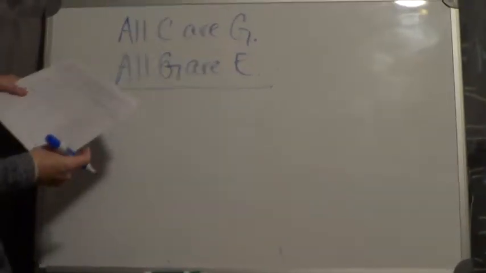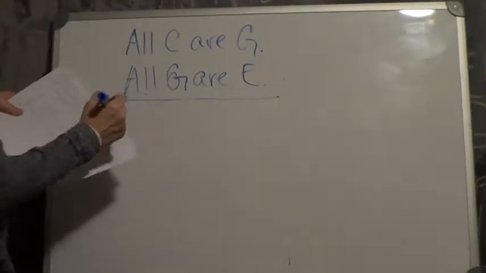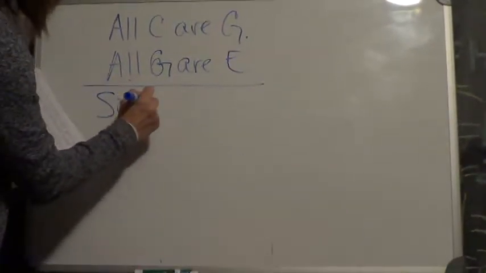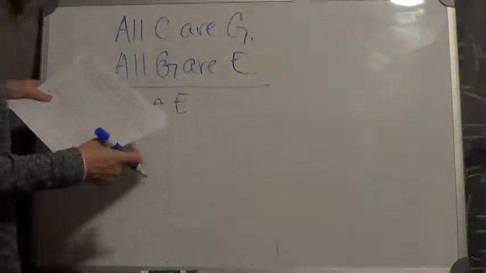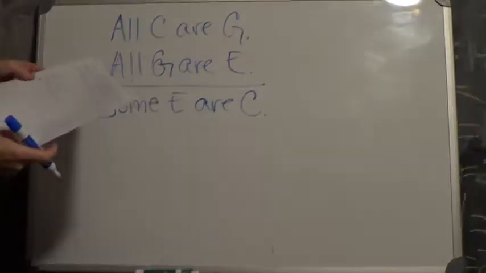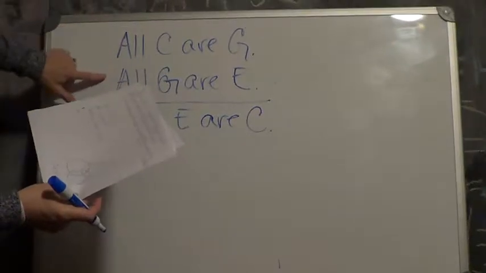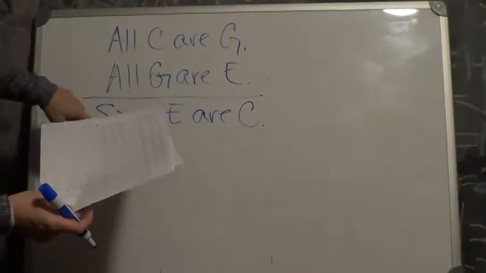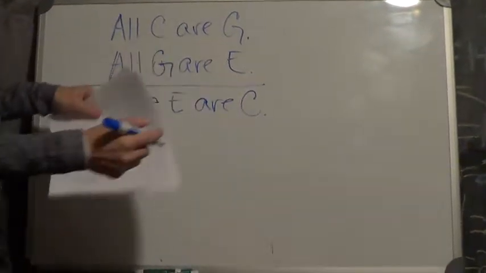You just want to make sure that whatever the letter represents, you're consistent. So we have all C are G, all G are E, some E are C.